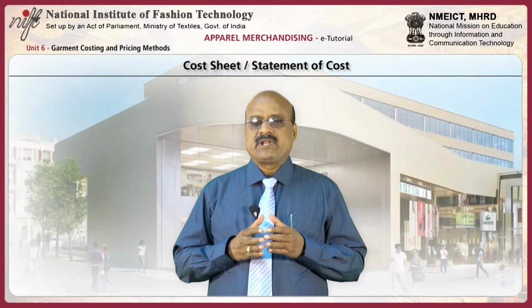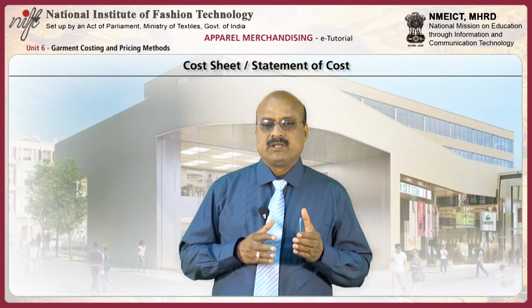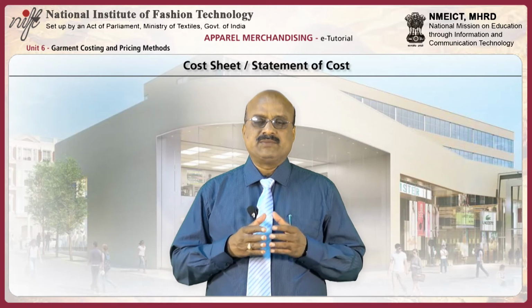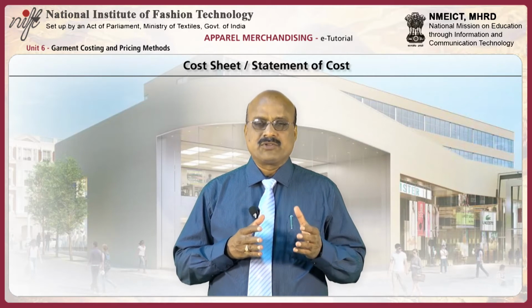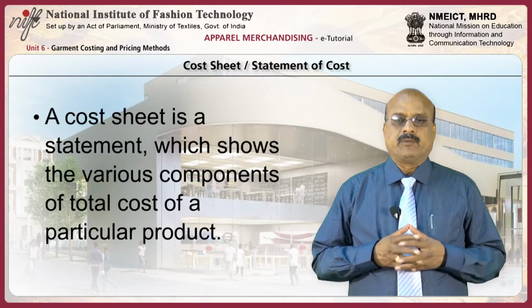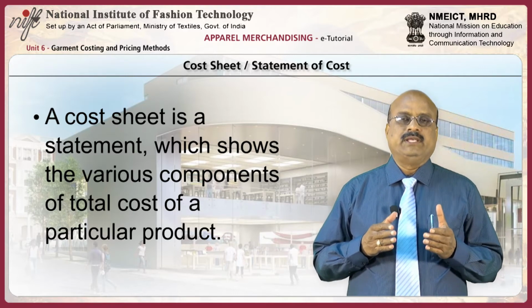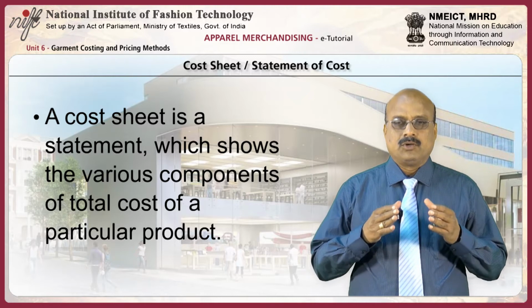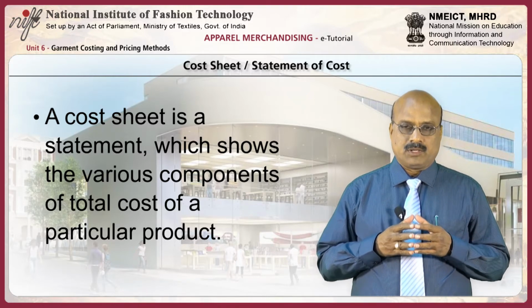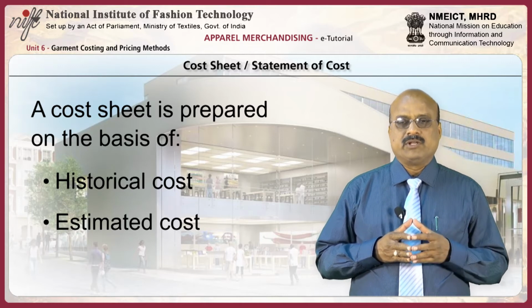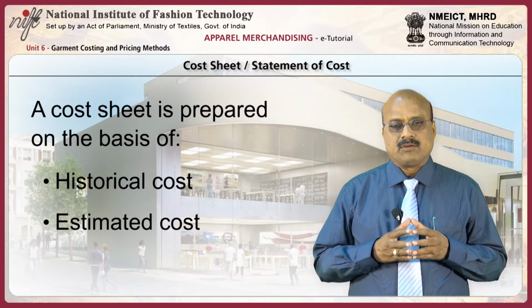There is no prescribed format for a cost sheet. It may vary from industry to industry, but here is a specified format of a cost sheet for a garment. Remember, a cost sheet is a statement which shows the various components of total cost of a particular product. A cost sheet is prepared on the basis of historical cost and estimated cost.